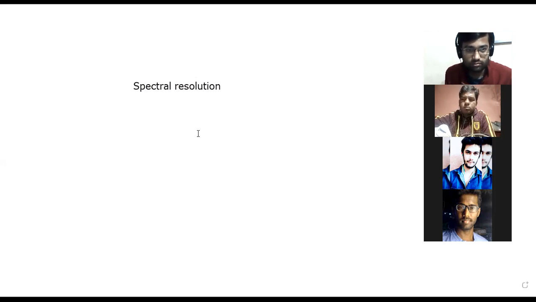A range of wavelengths, or a band of wavelengths in a particular channel. Then what is a band? A band is nothing but a narrow range of wavelengths where data can be stored. That is a band, or channel.